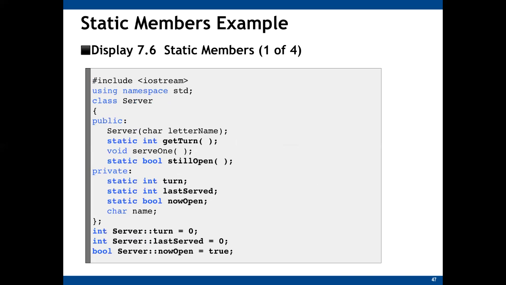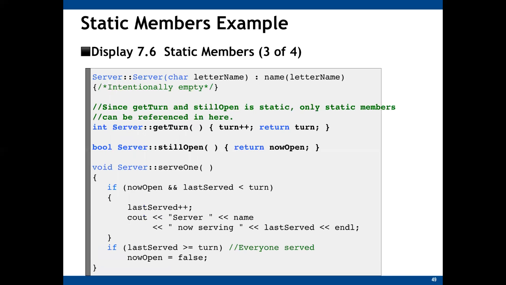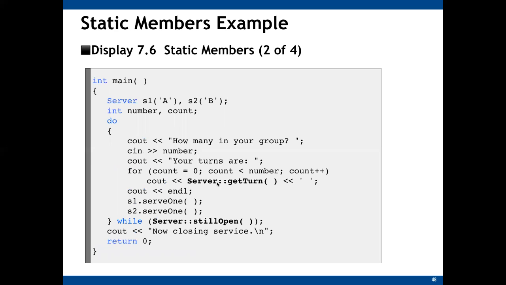So this is how you declare static member functions and static member variables, initialize static member variables, define static member functions like this, and use static member functions like this.